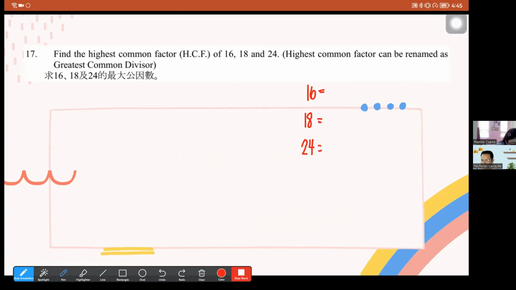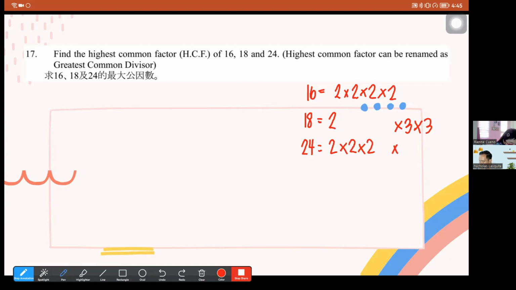16 is 2 times 2 times 2 times 2, right? This is 2 to the 4. Your 18, on the other hand, is 2 times 9. You need to align the number. So this is 3 times 3. Okay? Your 24 is 2 times 2 times 2, or 8 times 3.